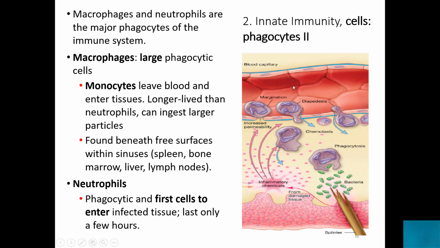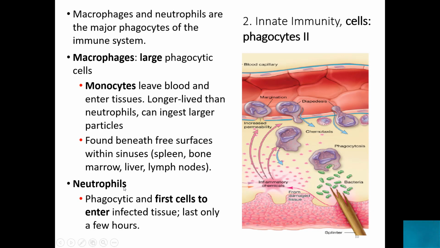When monocytes leave blood and enter tissues, they become macrophages. And it takes them a lot of time to do that, but they are long-lived and they can ingest larger particles. They are found in all types of tissues, but more often near spleen, bone marrow, liver, lymph nodes.